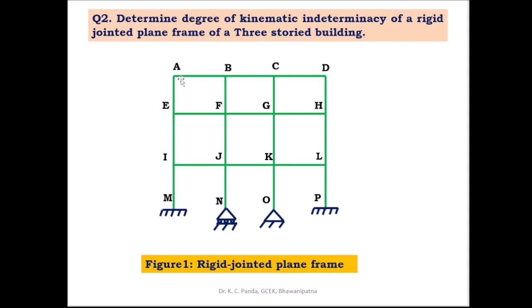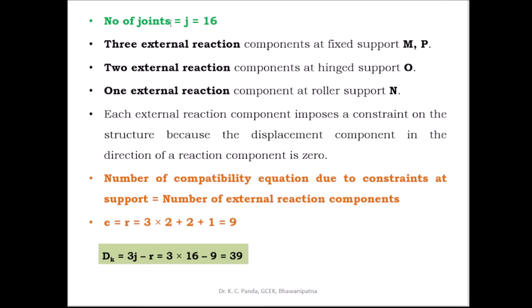You have to count how many joints are here: 1, 2, 3, 4, 5, 6, 7, 8, 9, 10, 11, 12, 13, 14, 15, 16. The number of joints are 16. j is equal to 16. Then you can find out what is the degree of kinematic indeterminacy.